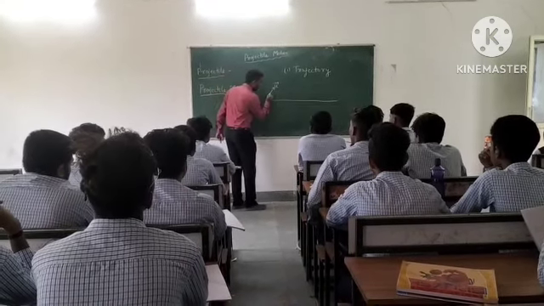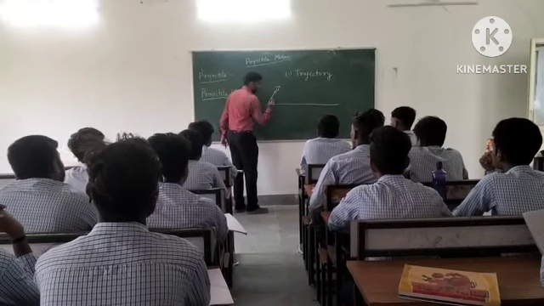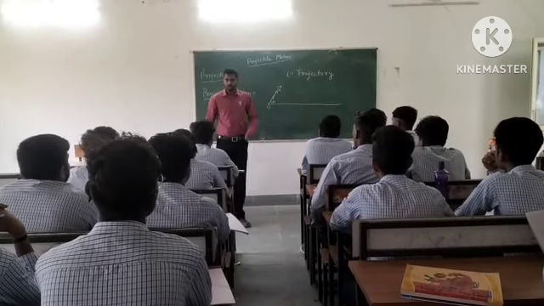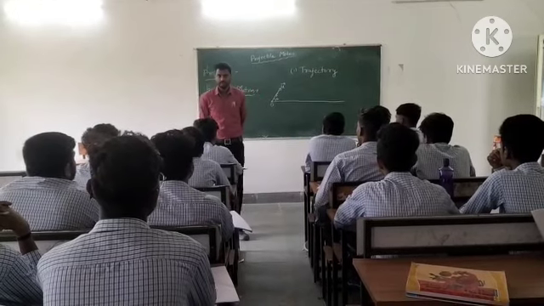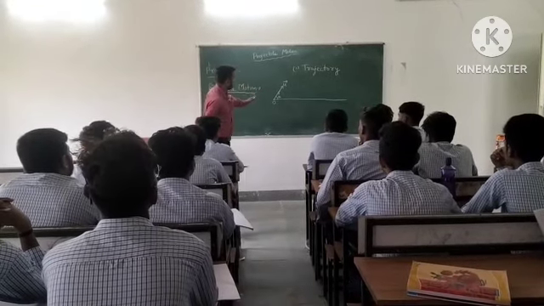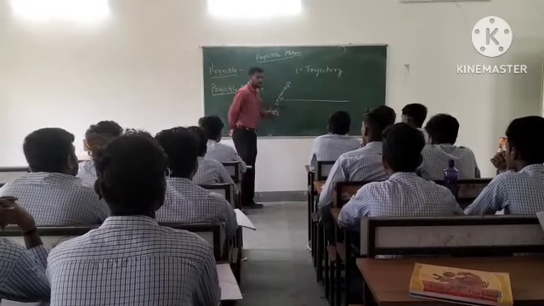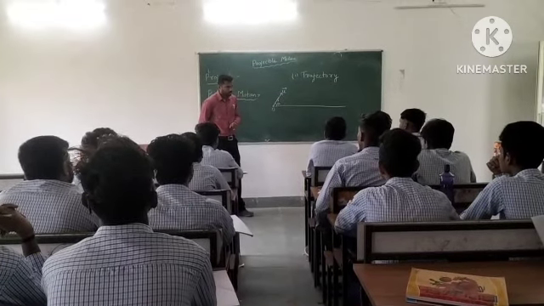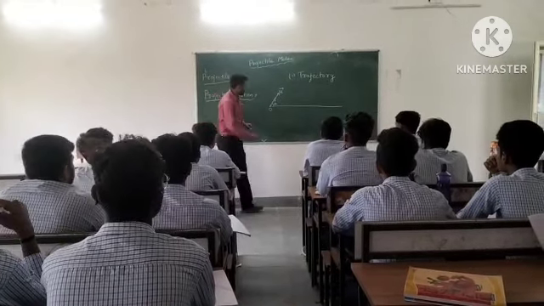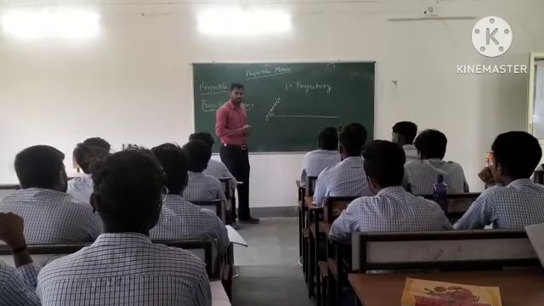So it will follow a path in the resultant direction through vectors, one along theta with the horizontal, one downward, acting on the projectile. So the resultant force will be along this direction.